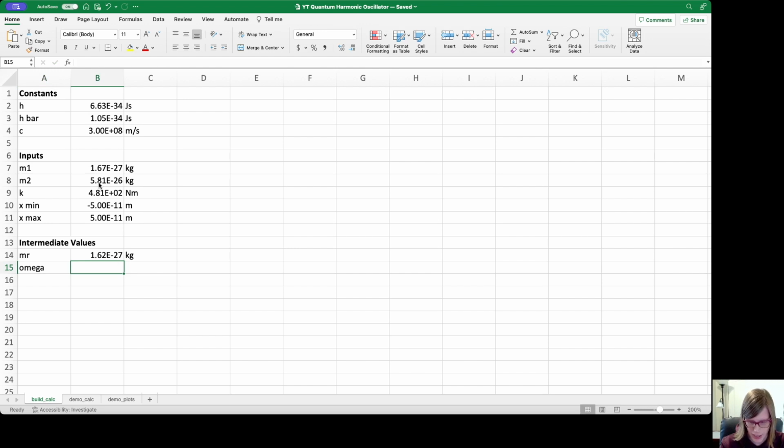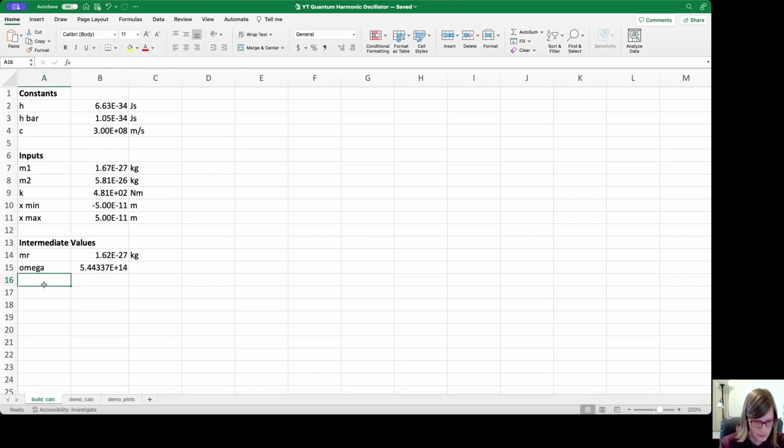Then omega, the angular velocity, which is going to be the square root of k over mr, so equal to the square root of k divided by mr. And finally we're going to have alpha, which is going to be h bar squared divided by the reduced mass, divided by k, to the 0.25 power, the 1/4 power.